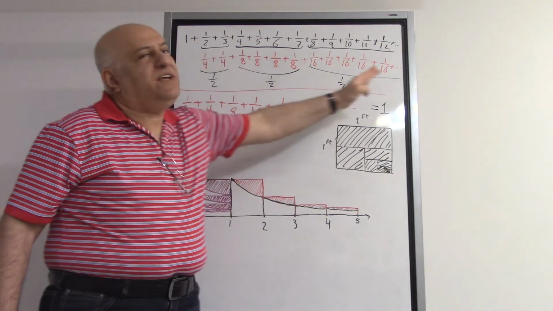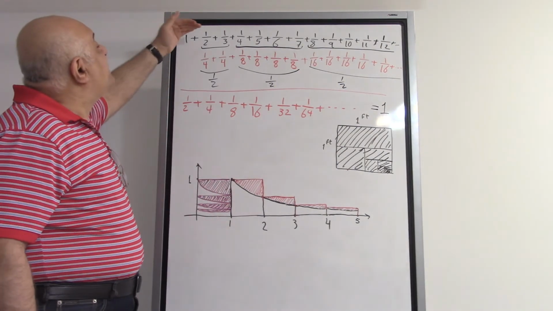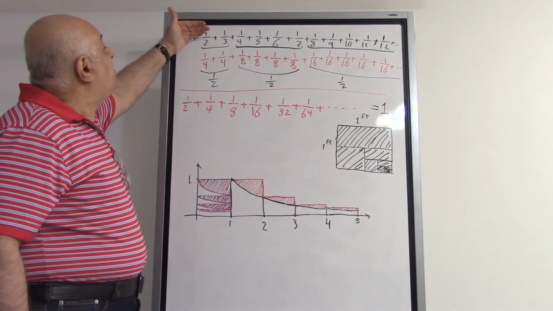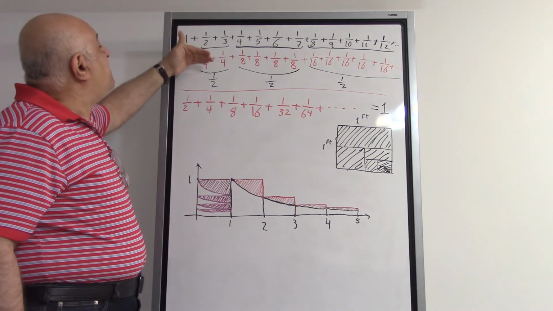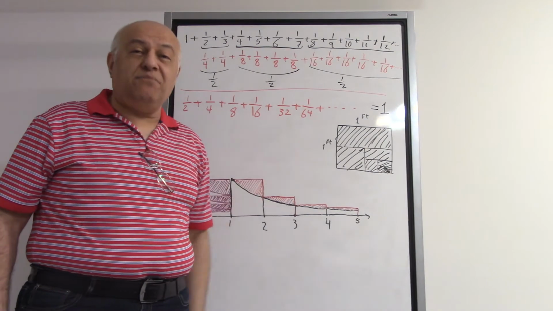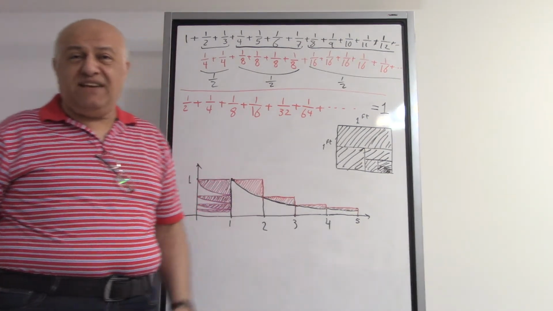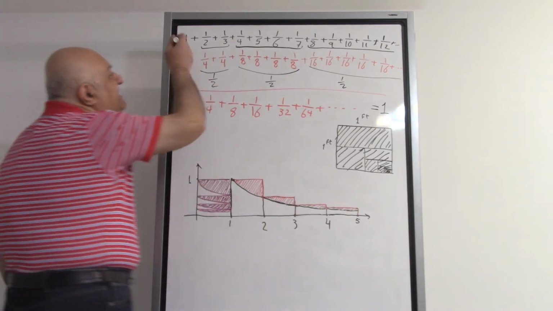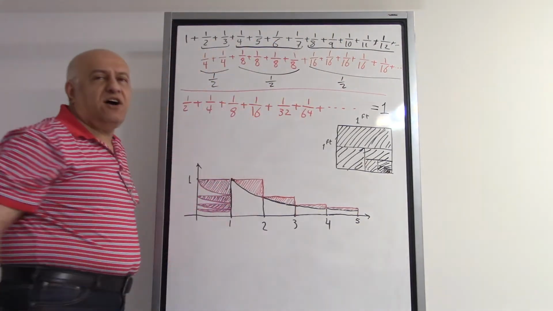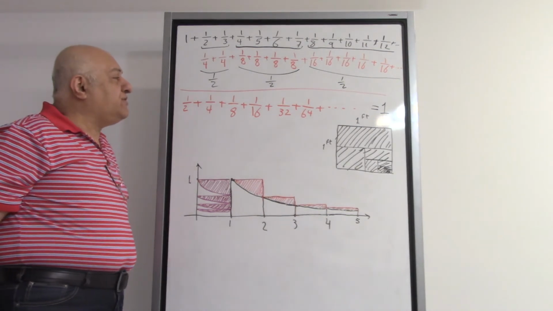So this series, each term of which is bigger than the corresponding term of the red series, which is bigger than something infinite, is definitely infinite. That means the harmonic series that we were interested in is divergent.